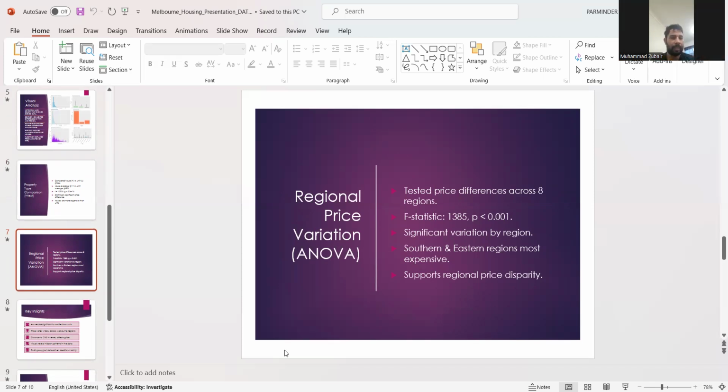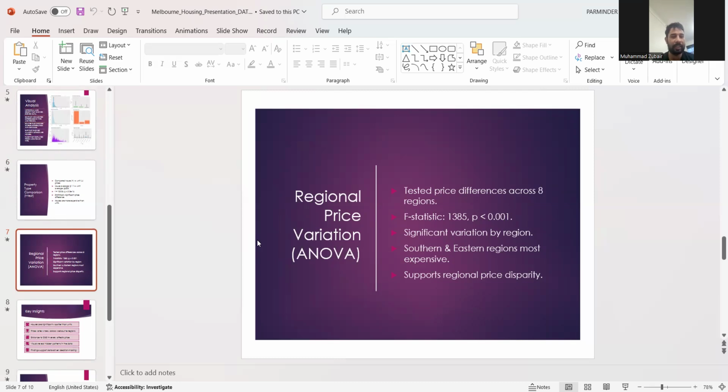Yes, I'm here to present regional price variation. It's to analyze regional price variation. A one-way ANOVA test was conducted using the region variable. The F statistic was 1385 with a p-value below 0.001, confirming that price differences across Melbourne regions are statistically significant.